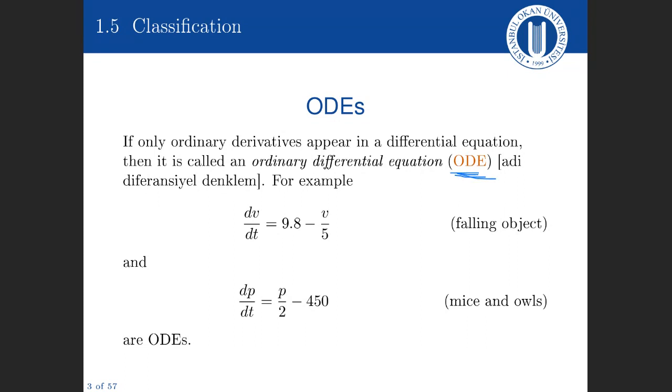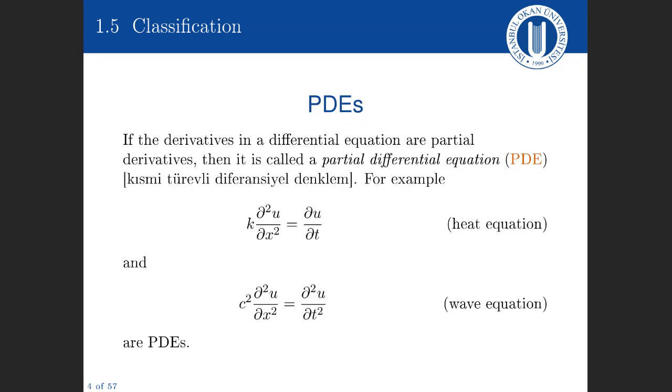For example, two of the equations that we looked at last week, the falling object equation and the mice and owls equation, are ODEs. If a differential equation includes partial derivatives, then it's called a partial differential equation, or PDE. This course is about ODEs.